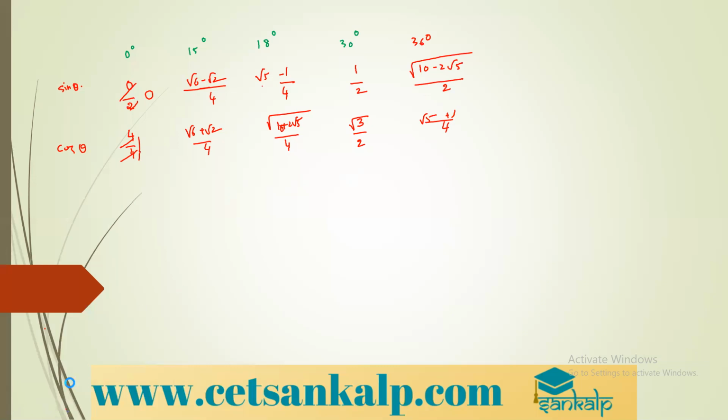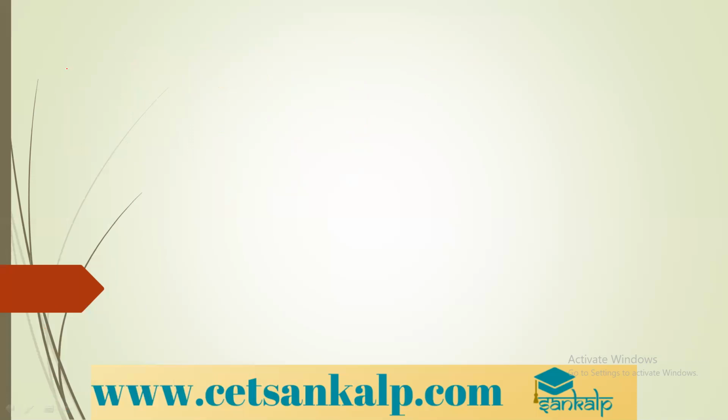Then we have a table for allied angles. What are allied angles? You will write for minus theta, for 90 plus theta, for 90 minus theta, for 180 plus theta, for 180 minus theta, for 270 plus theta, and for 270 minus theta.